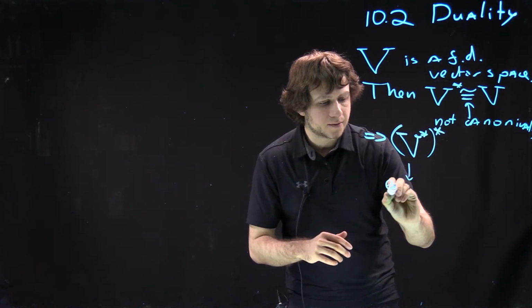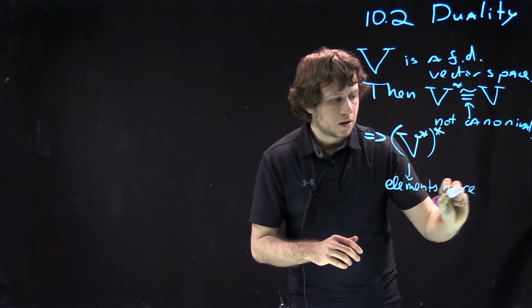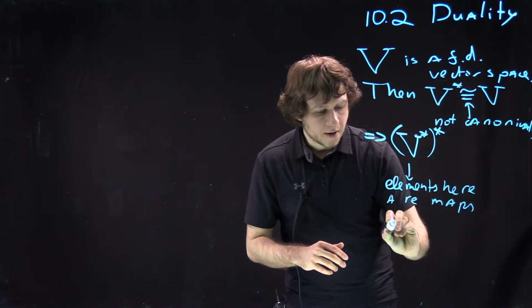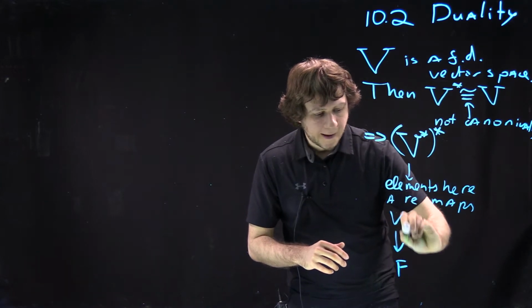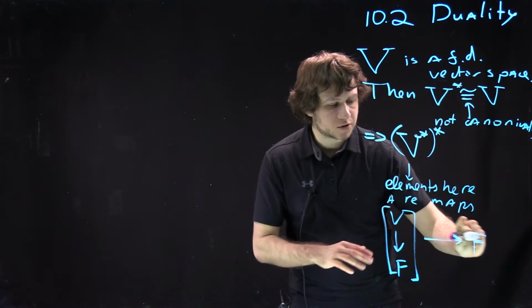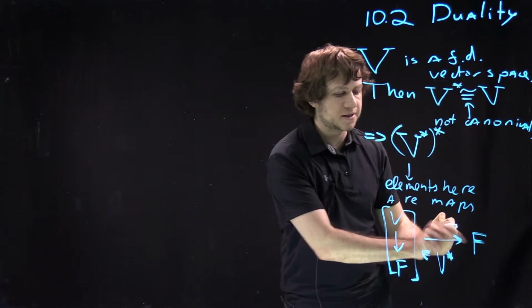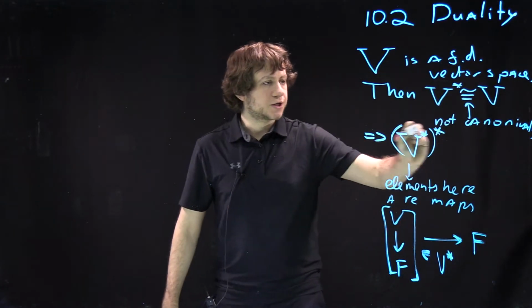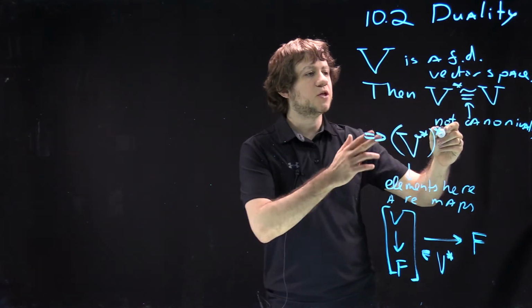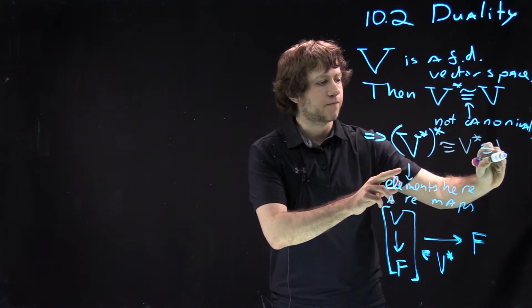Elements here are maps which take a map from V to F, and to every map from V to F they assign some element of F. So they take an element which is a linear map from V to F, which is an element of V star, and send it to F. So these gadgets form this dual space to the dual space, and since we know the dual space is isomorphic to V, this is isomorphic to V star, which is isomorphic to V.